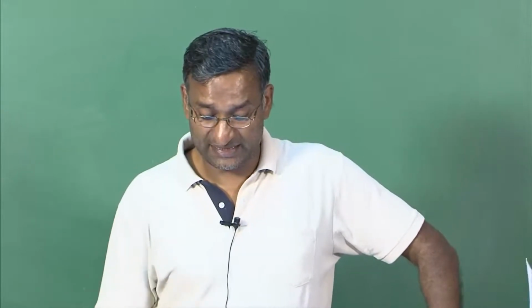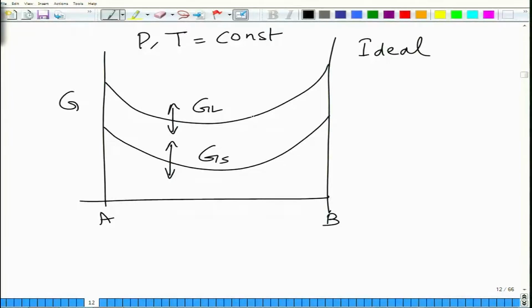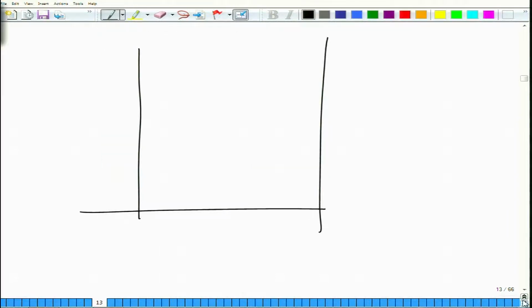For example, in this case I have shown GS to be lower than GL all across the composition range, which means solid is the most stable phase at this temperature. It might happen that GL is lower than GS in certain cases, the liquid phase is more stable as compared to solid phase, but there will be instances where these two will overlap at intermediate temperatures. At those temperatures, the two phase coexistence will come into picture.